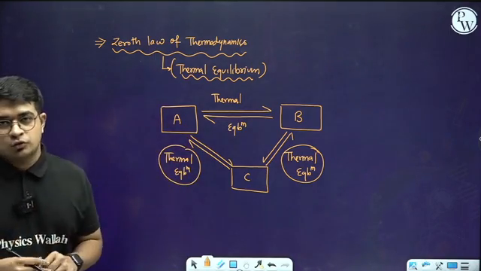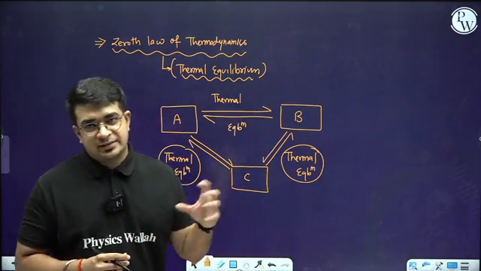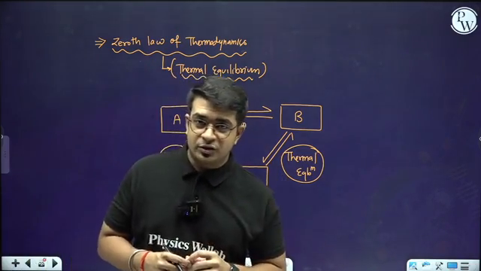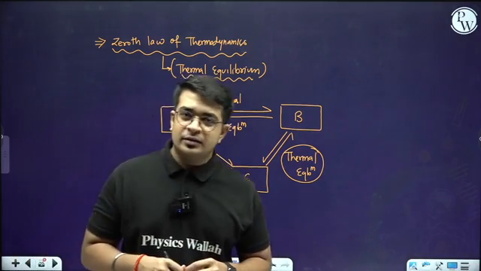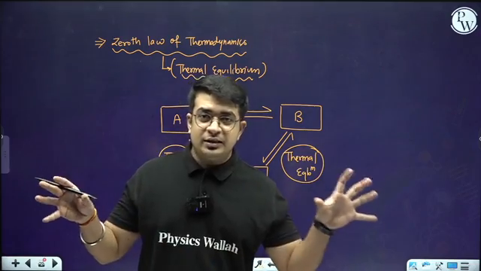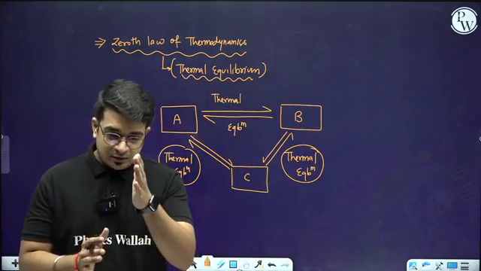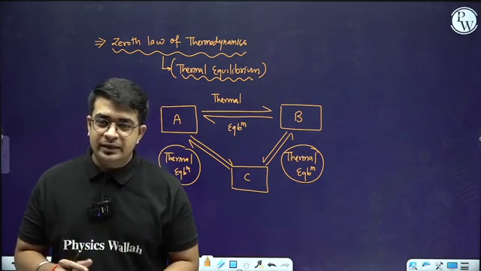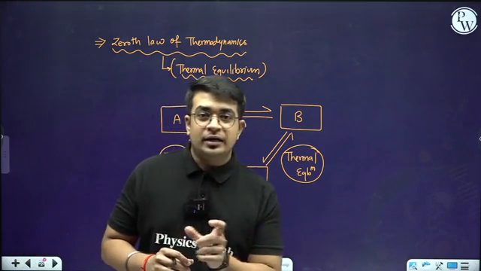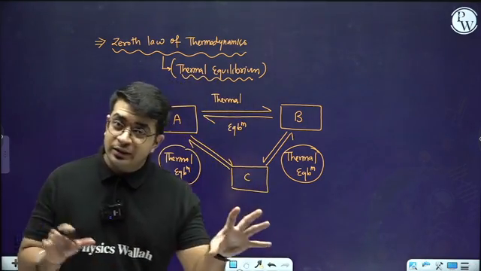For example, let's say I have a container in which a gas is present at a specific temperature. I have another gas of a specific amount and a specific temperature. Now let's say these two temperatures are exactly the same, and I connect these two parts with a wall that is a thermal conductor. I can see that there is no change in their temperature, because both temperatures are the same.